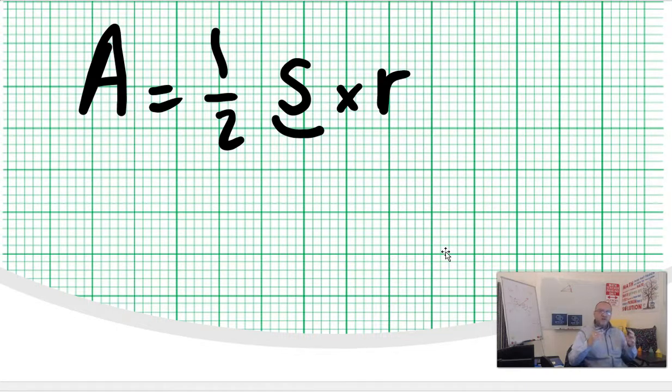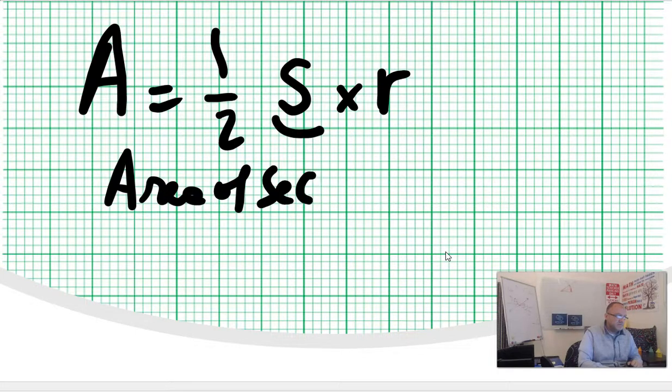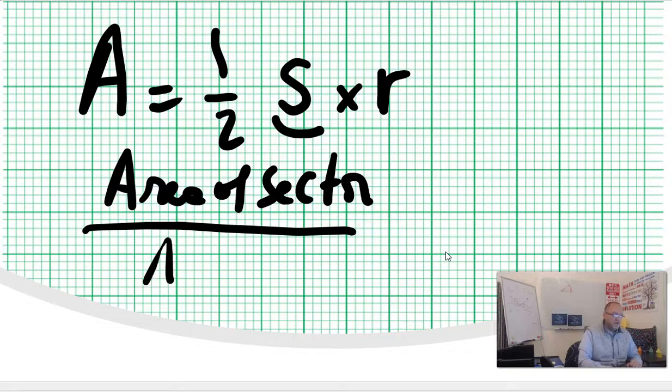Equivalent fractions, part divided by whole, very simple arithmetic. We're going to start training our brain to work this way. What do I mean by this? When you have volumes and areas, especially, and heights and altitudes, with the area of a sector, what we need to find out divided by what? The area of the whole circle equals what?